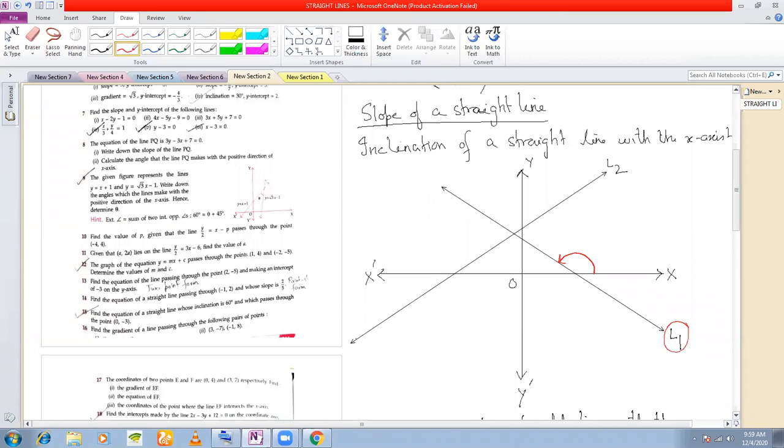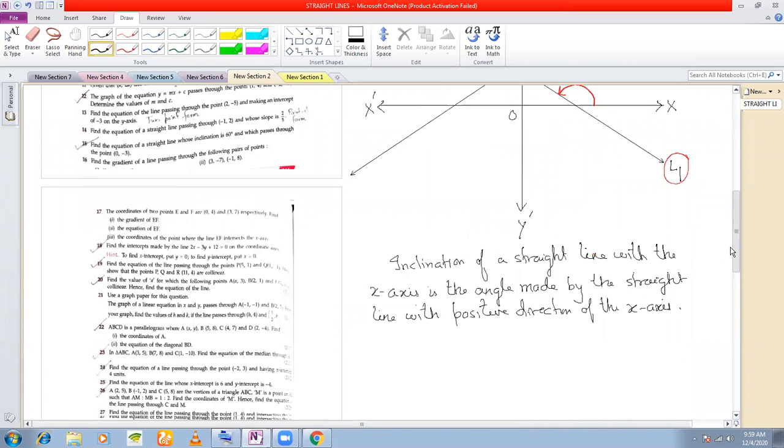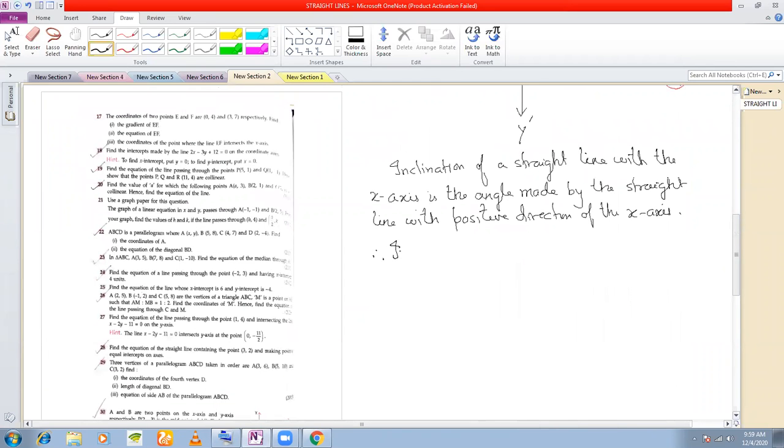If this angle we call theta, then this is the inclination of L1 with the x-axis. So inclination of L1 with the x-axis is equal to theta.